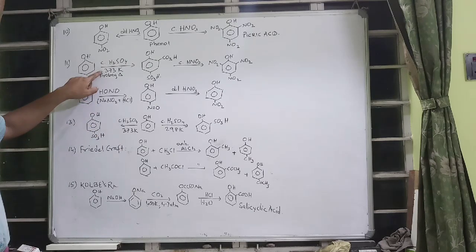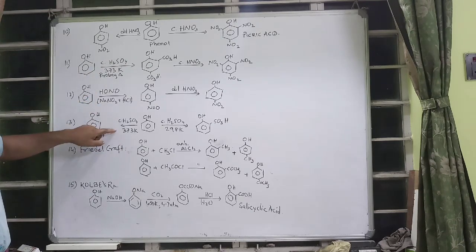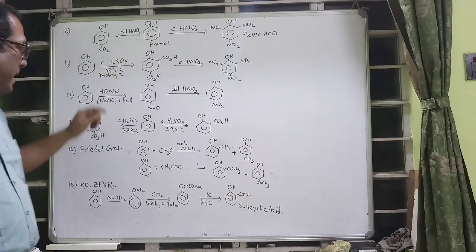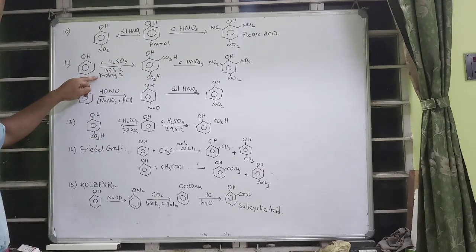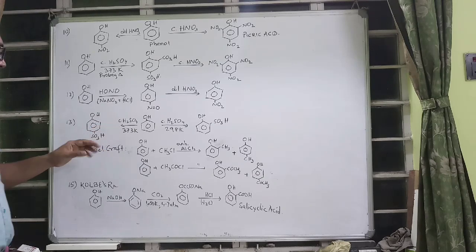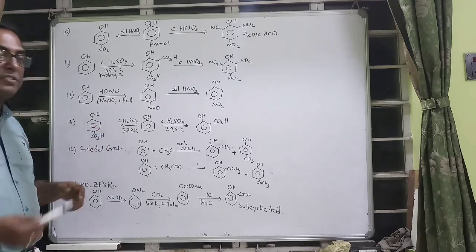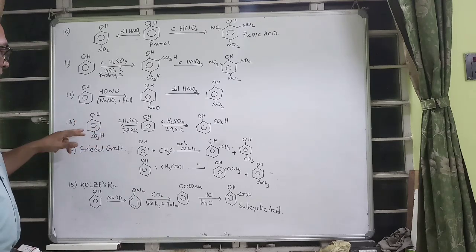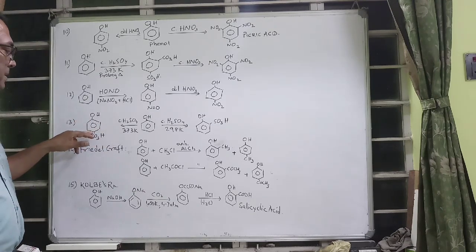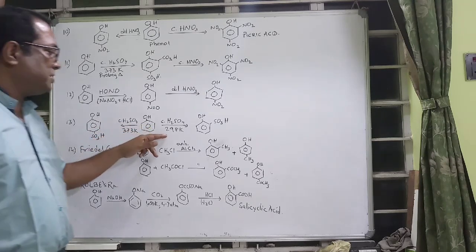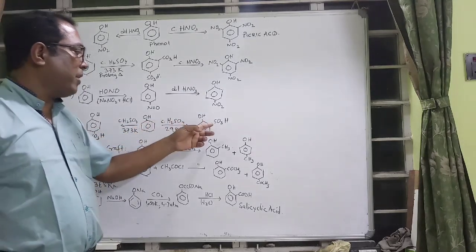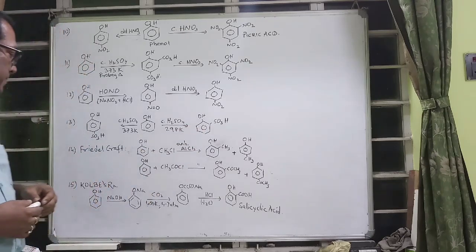Now you might again ask me, at 373, why is it not showing both the ortho and the para compounds? Because this has to be heated for a prolonged time. When you heat it at 373 without prolonged heating, it forms the sulfonic group at the para position, while at 298 Kelvin, just room temperature, it gives the ortho position.